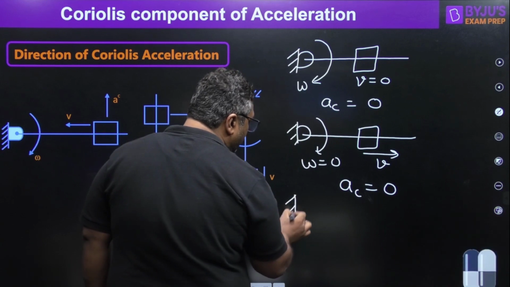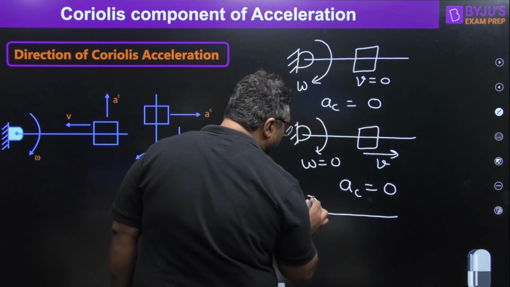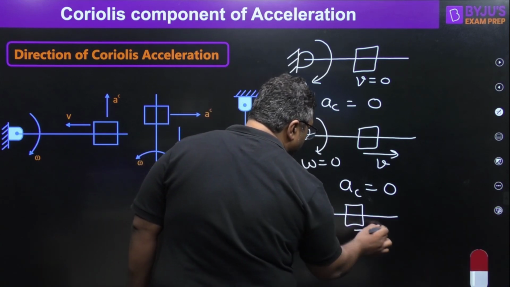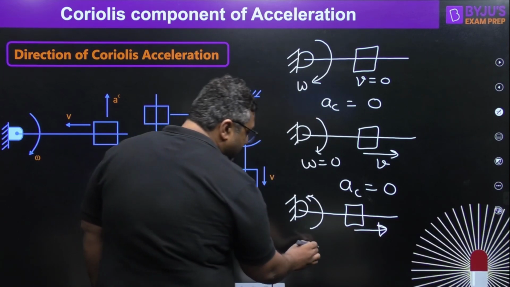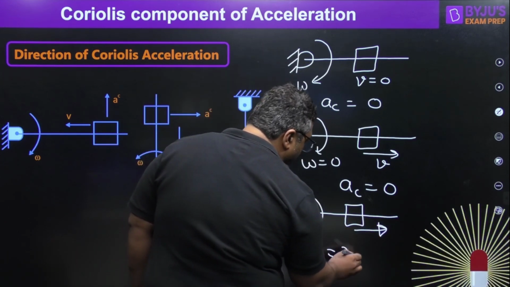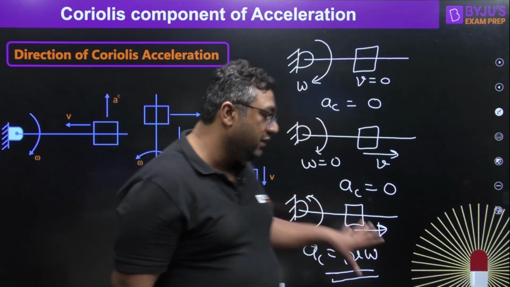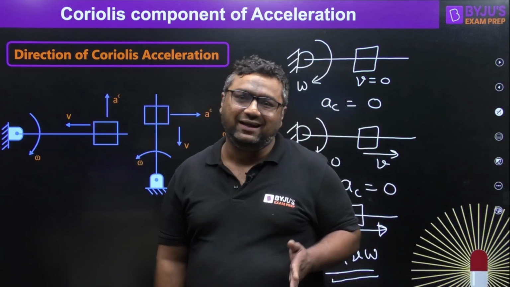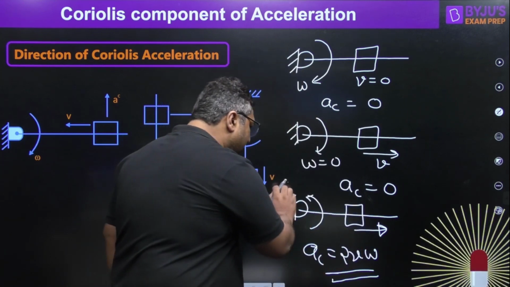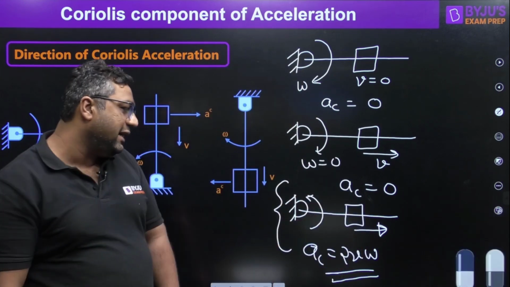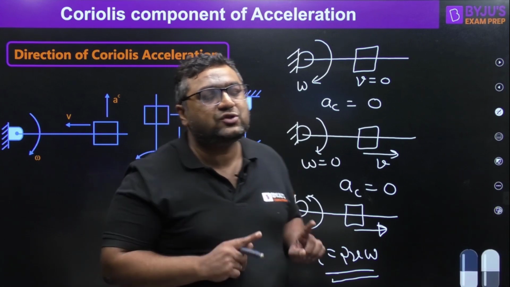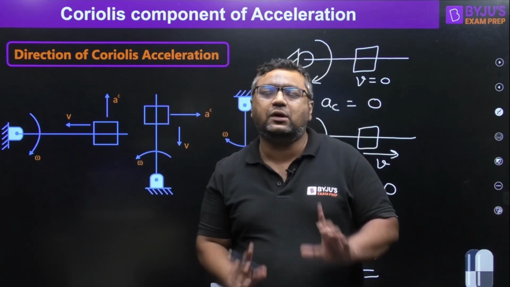But when the body is rotating and the slider is sliding, then the Coriolis component will be 2 into v into omega. So it will come only when the rotating body is rotating and the sliding body is sliding. Otherwise, this component of acceleration will not come at all.